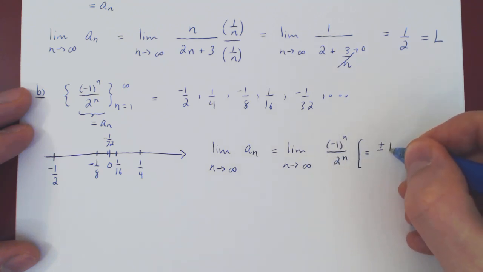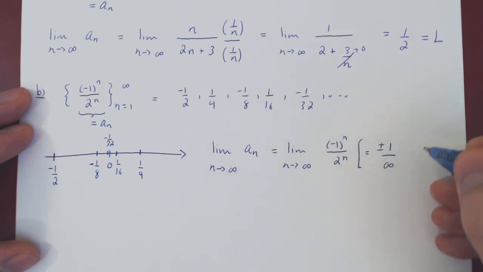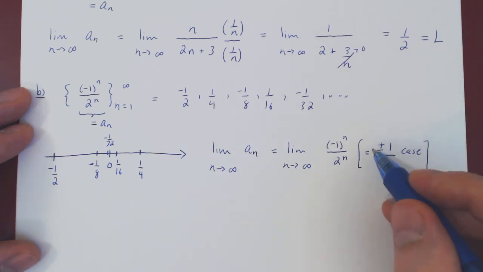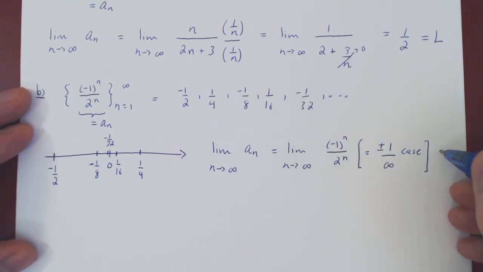So we can write plus or minus 1 over 2 to the n, which goes to infinity as n goes to infinity. So we have positive or negative 1 over something which blows up. So this will just shrink to 0. And so the limit does exist, and it is equal to 0. This is your value for L.